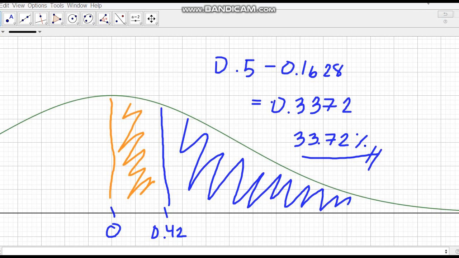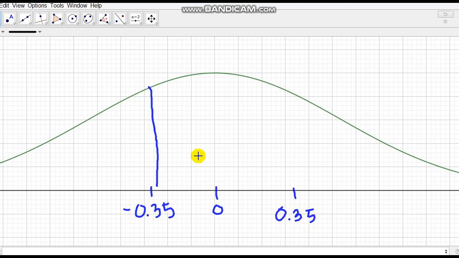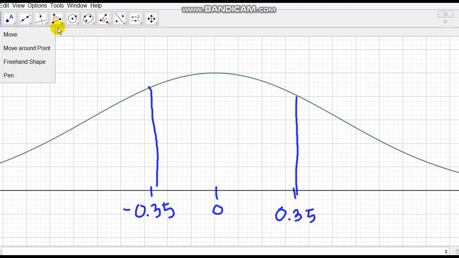Let's clear this first. Take note that this is 0. So I guess 0.35 is right here, and negative 0.35 is right here. We are looking for the area between them, this particular area right here.